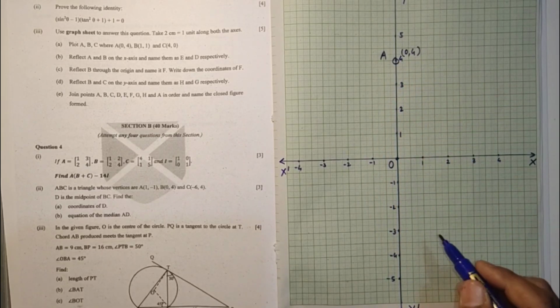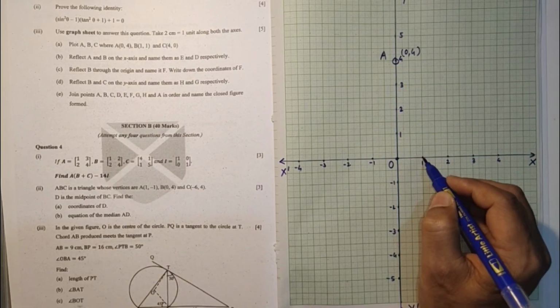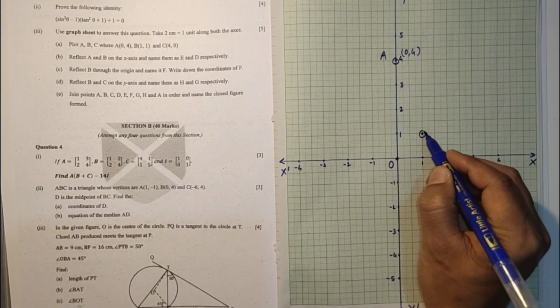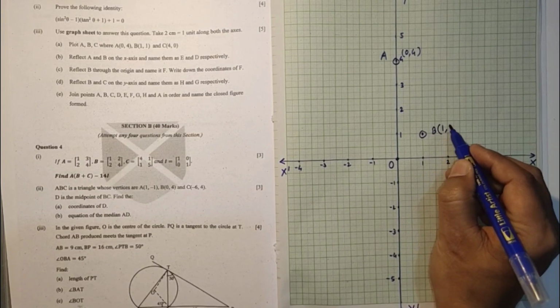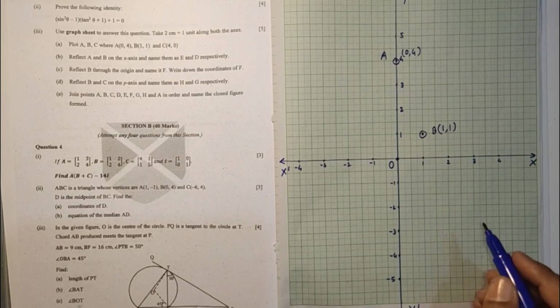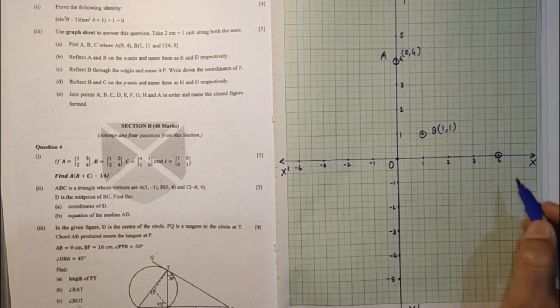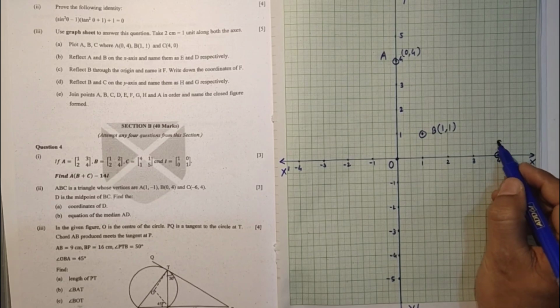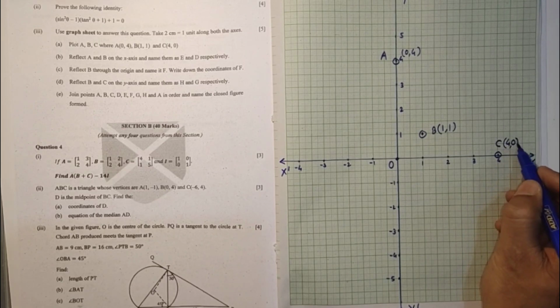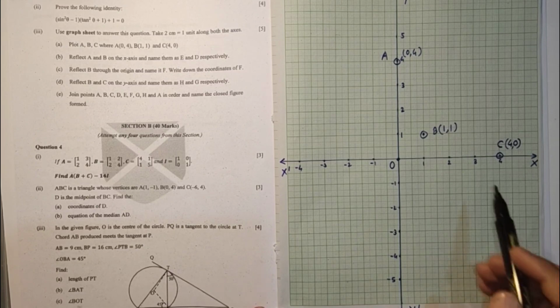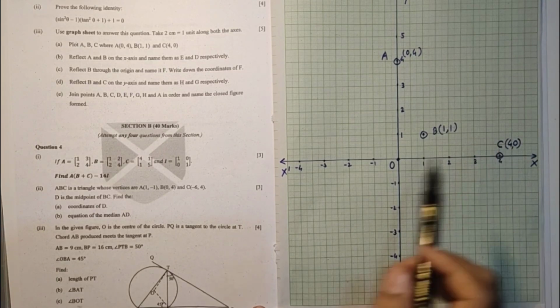And B is 1, 1. 1 right, 1 up, so this is B, 1, 1, and C is 4, 0, so here is C, right side 4 and no up down, so this is C, 4, 0. We have to reflect this point A and B on x-axis.